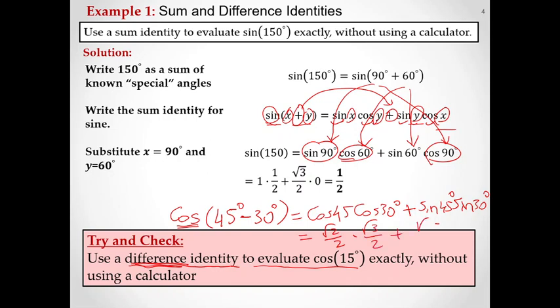And this is square root 2/2 because this is sine 45. And this is 1/2. And when you do this calculation, you will end up with square root 6 plus square root 2, divided by 4. So this gives you the exact value of cosine 15.